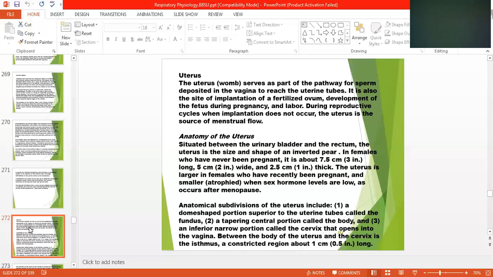The anatomical subdivision of the uterus includes a dome-shaped portion superior to the uterine tubes called the fundus, a tapering central portion called the body, and the inferior narrow portion called the cervix. So this is the anatomical description of the uterus.